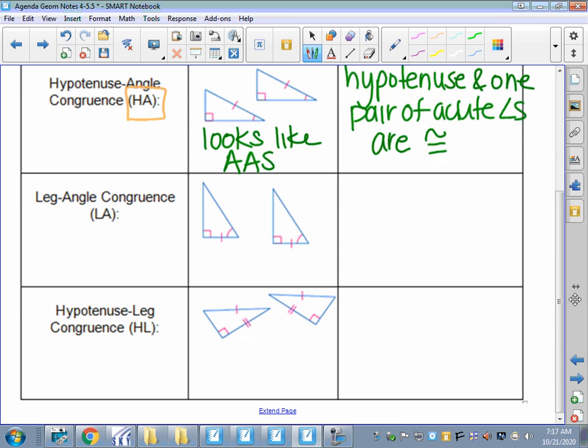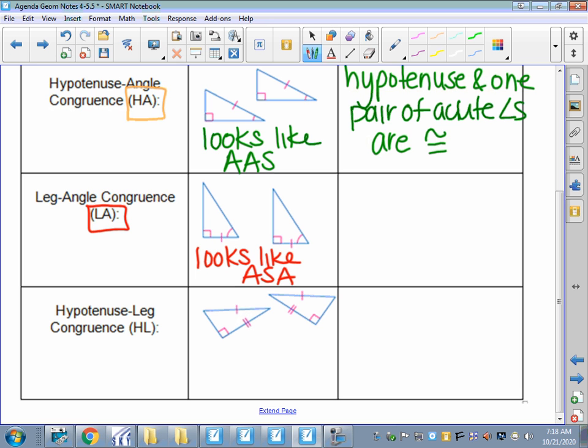Leg angle. So again, LA, if you prefer. Notice when I look at the diagram, I've got a pair of right angles, the bottom base, whatever you want to call that, legs or sides on the bottom with a single dash, and then the pair of acute angles. To me, this looks like angle, side, angle.